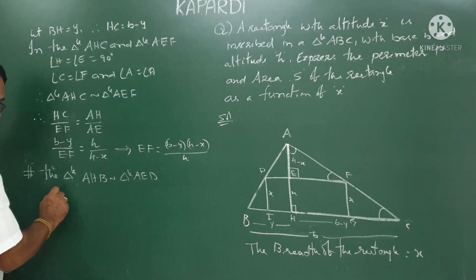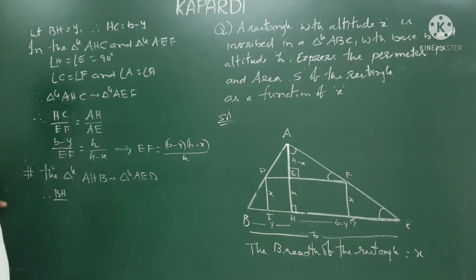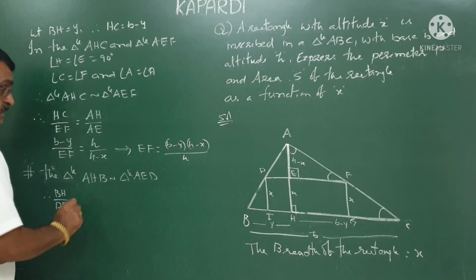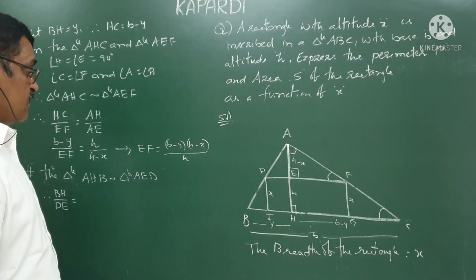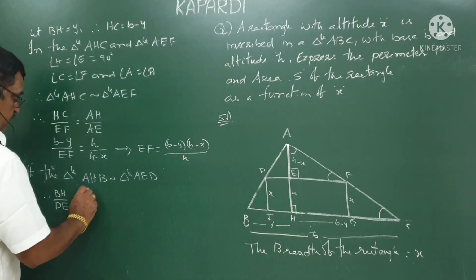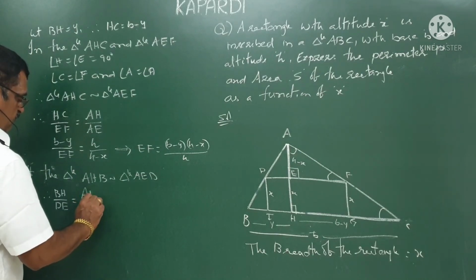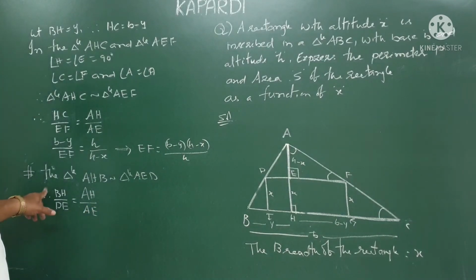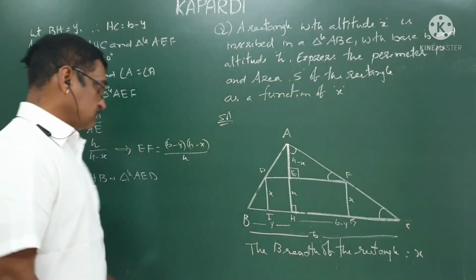Therefore, BH by ED is equal to same thing, AH by AE. And BH is equal to y.